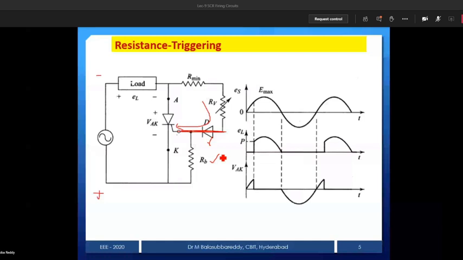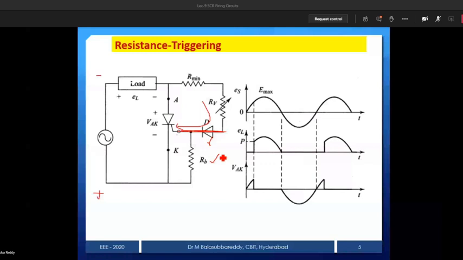Otherwise, if the voltage drop across RB reaches or exceeds VGT, the device is automatically going to be triggered. That is unwanted. Triggering is required only at the particular instant of time decided by the user. Now the question is how to vary that. That's the purpose of these components.